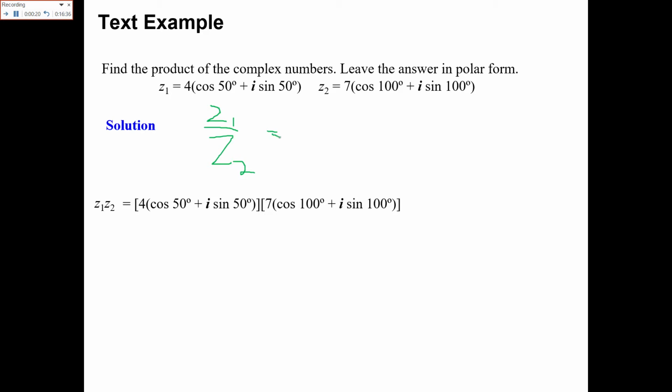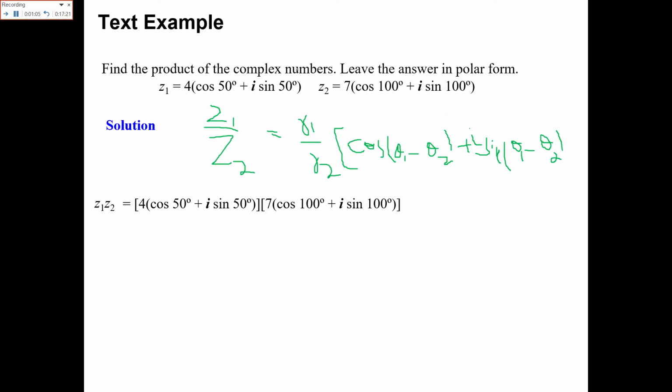So it will becomes r1 over r2 cos (theta 1 minus theta 2) plus iota sine (theta 1 minus theta 2). Now this is the division.